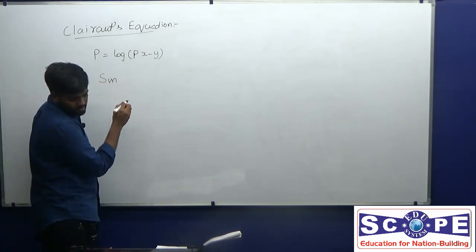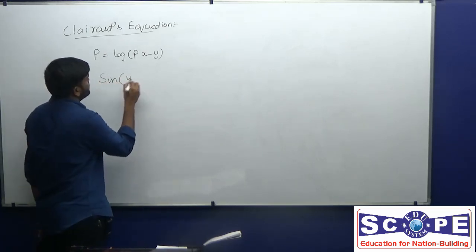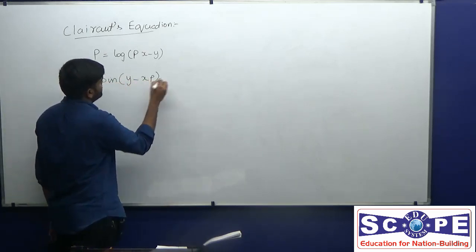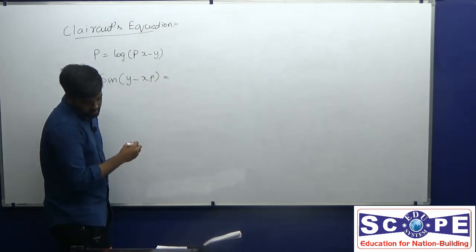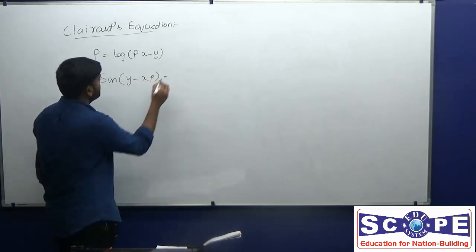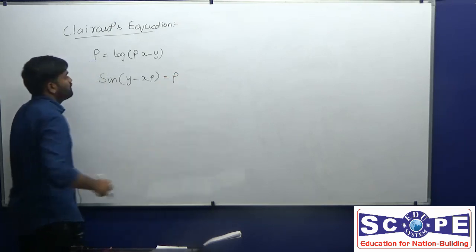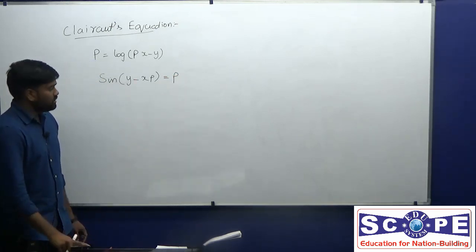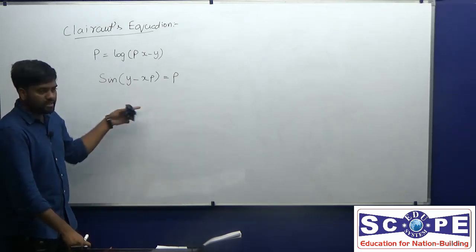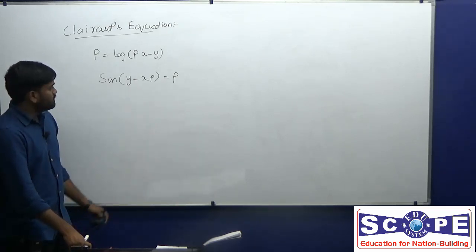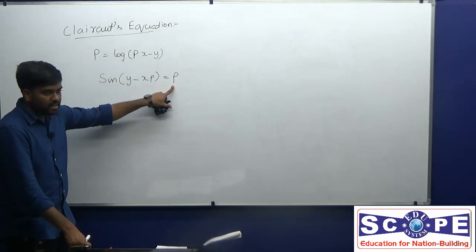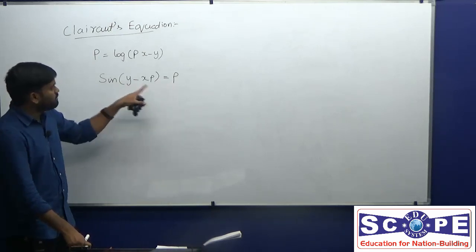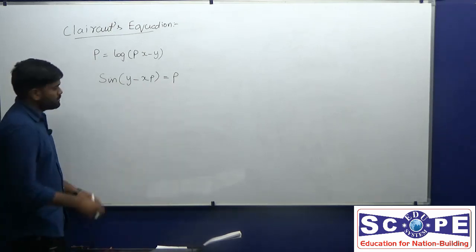Sin y minus xp equals to p. Y equal to cx plus sin inverse p, only p is here, right?